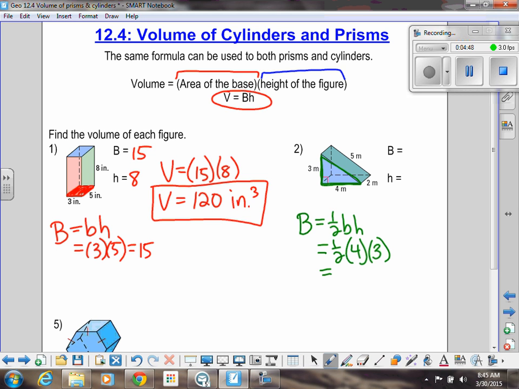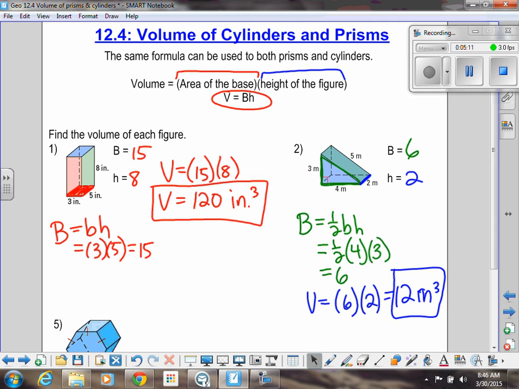So 1/2 base times height gives me 6. And then the height of the prism, remember, is not necessarily vertical height. It's the distance between those two triangles. So that's 2. So for my volume, all I'm doing is 6 times 2, and that gives me 12 meters cubed.